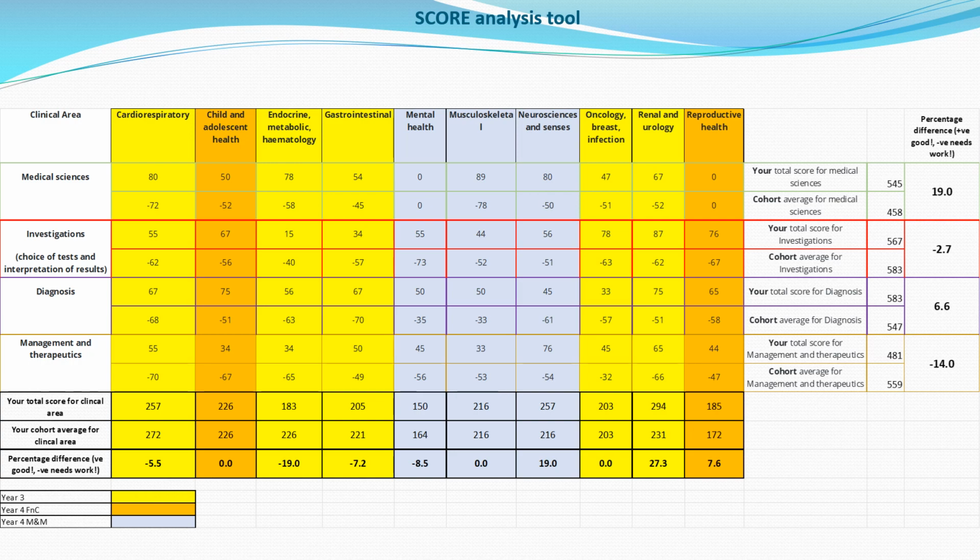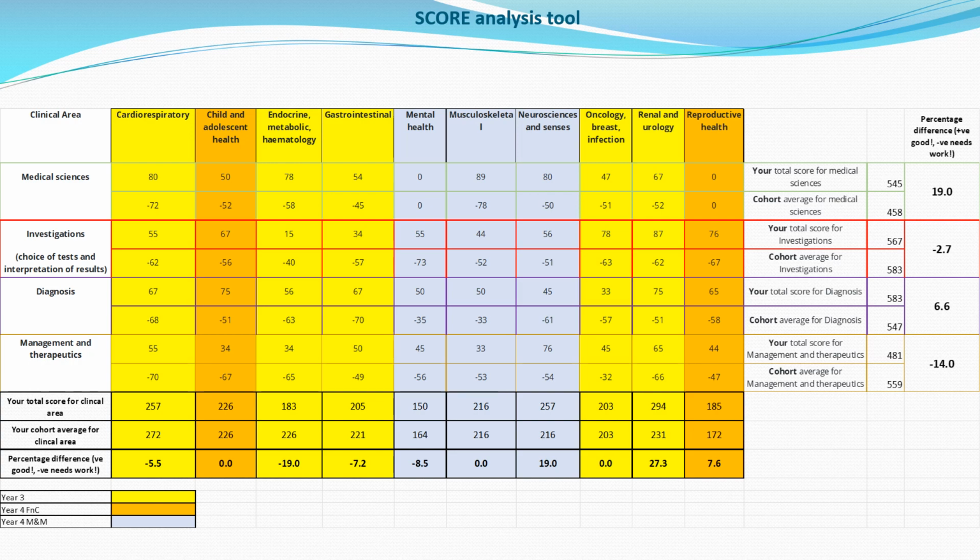Because don't forget, if you're in year 4 and you're doing the first progress test, you'll have done one of those two semesters. And that means you'd expect your scores to be higher than the cohort average for the semester you've done, and lower than the cohort average in the semester you haven't done.